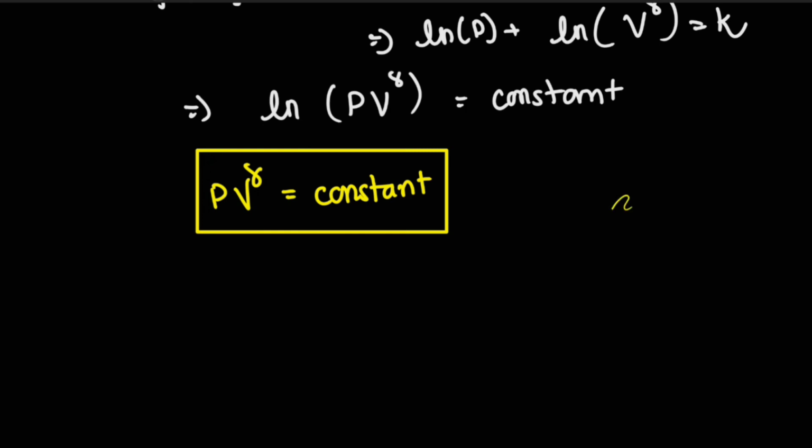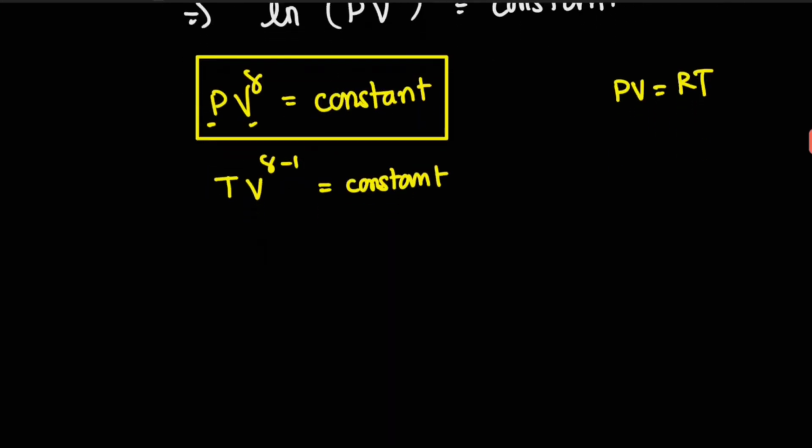Similarly, if we use the relation that PV is equal to nRT, we can substitute P in terms of the other variables, and then V in terms of the other variables, and we can also find that TV to the power gamma minus 1 is a constant, as well as T times P to the power of (1 minus gamma) over gamma is a constant.